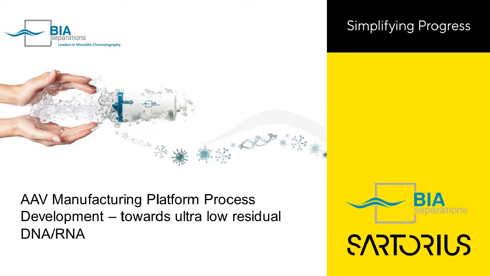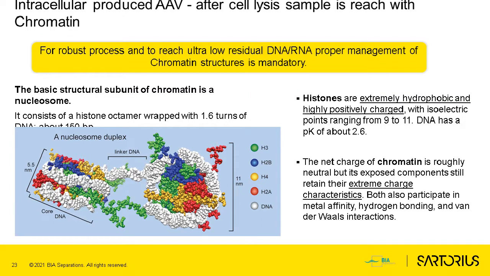Of course, it is also important to have analytical methods which can help you understand key impurities, and also help with downstream process development. Our aim when performing downstream development is always to remove the most problematic impurities, which are usually connected with chromatin structures or nucleosome structures. A nucleosome is a complex between histone proteins, which are highly positively charged, and DNA or RNA, or both, which are highly negatively charged nucleic acids.